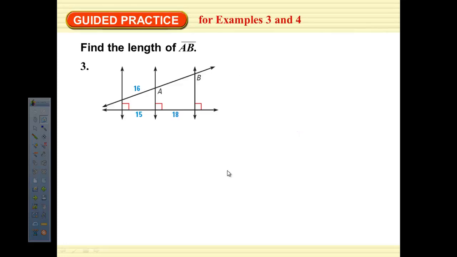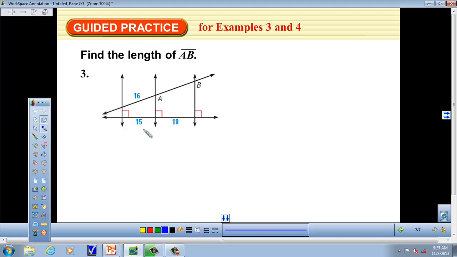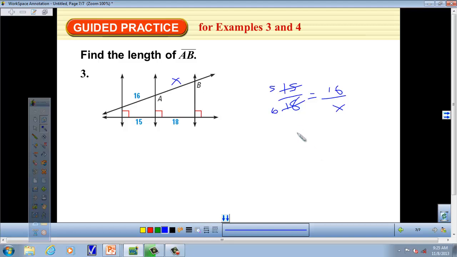Okay? And here's a couple more showing those last two theorems again. For this one, we can write 15 over 18, and that's going to equal, if we want to know AB, 16 over x. I'm going to simplify this a little bit, make that 5, and that's 6.